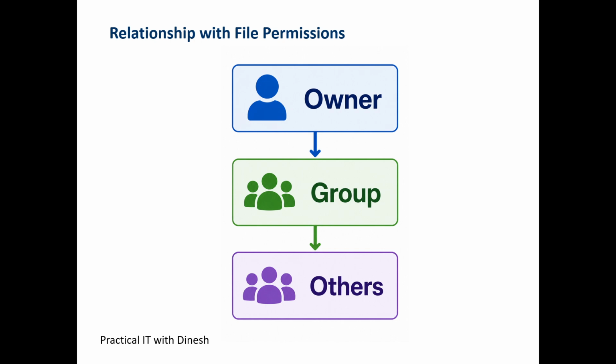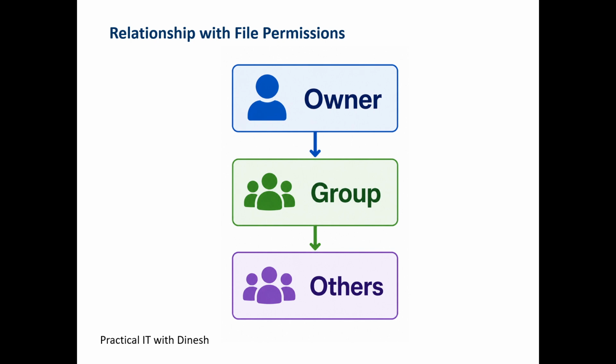Now everything starts coming together. Owner, group, and others. Every file has an owner and a group. When someone tries to open or modify a file, Linux first checks who they are. If you are the owner, one set of permissions applies.